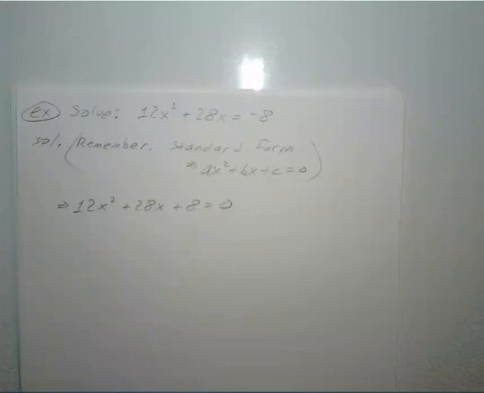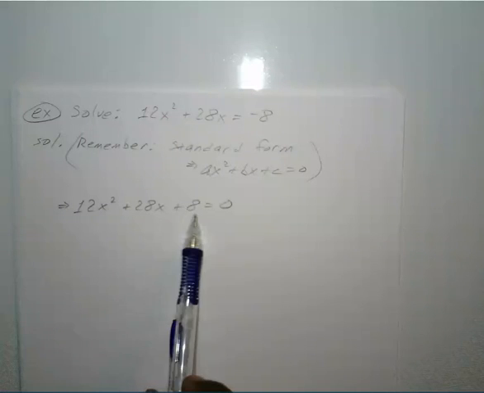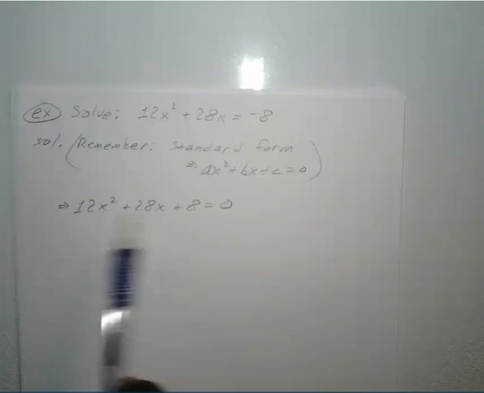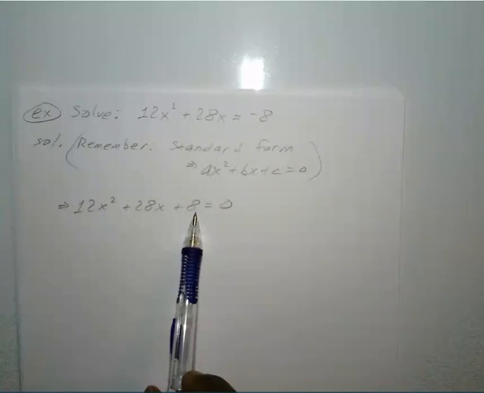Okay. Now with this one, your greatest common factor, you can't factor an x out of each term, but you can factor a 4.